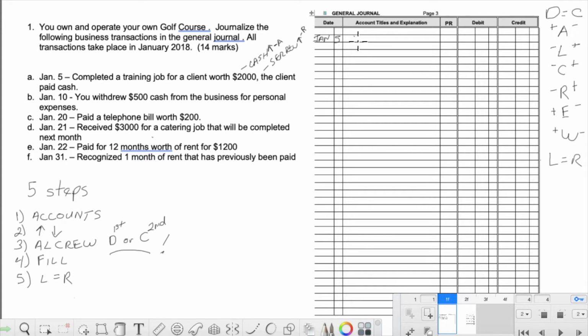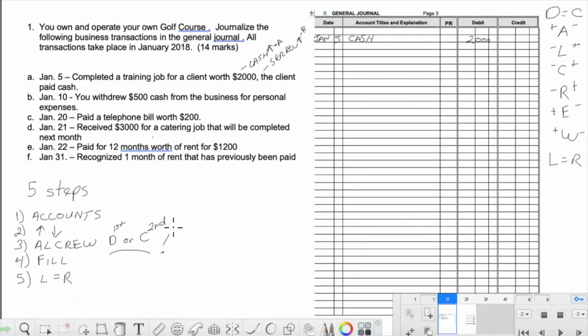So cash goes first. The PR we're going to skip for now. We'll explain that later. And it went up by $2,000. Right, perfect.